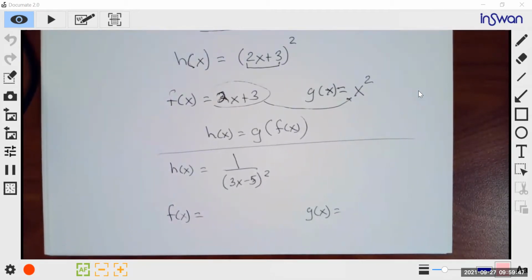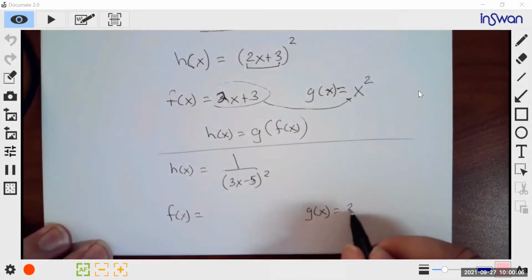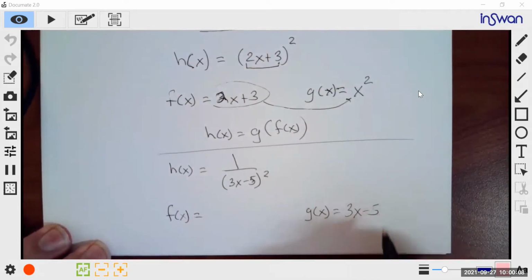I'll give you a hint. They usually break down to the library of functions, the basic functions. You see any of the basic functions there? Which one? Okay, we'll put that 3x minus 5. And what's the other one?